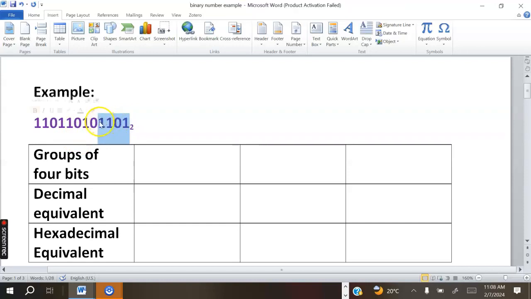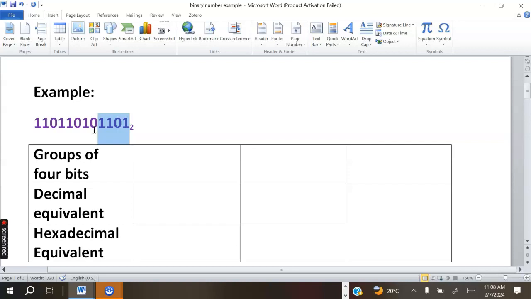As usual, this is very important for you to note: when you are trying to convert a binary number to a hexadecimal number, you are supposed to arrange from the least significant bit, that is 4, for the integral part.